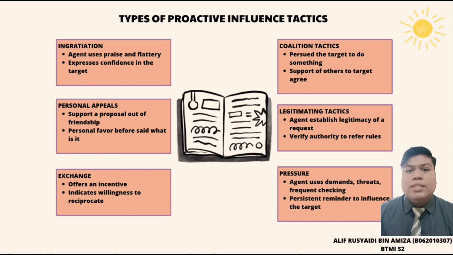Next is coalition tactics. Coalition tactics refer to a group of individuals working together towards a common goal to influence others. A common example of coalition within organizations is unions that may threaten to strike if their demands are not met. Coalitions also take advantage of peer pressure.